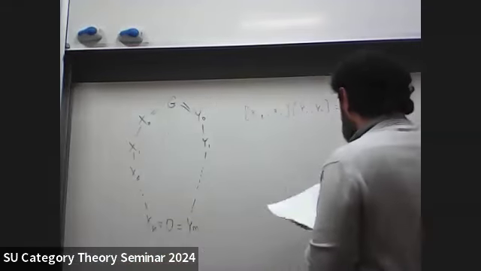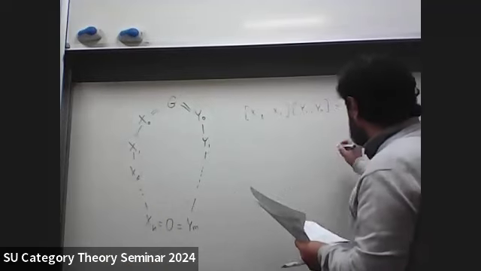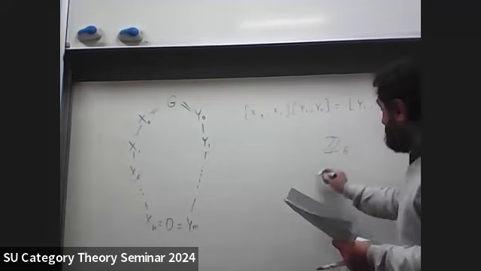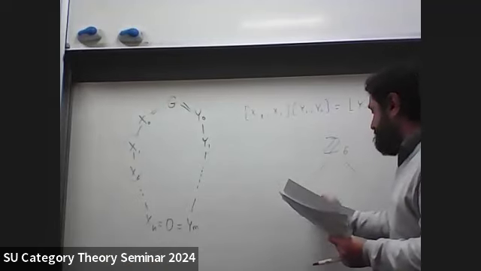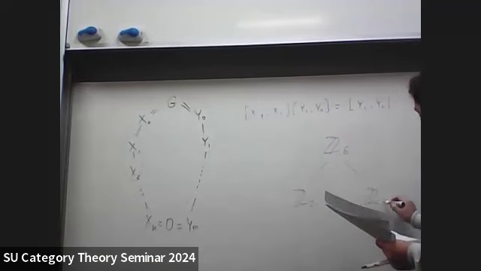So if I take Z6, its subgroup lattice looks like this. It is isomorphic to the lattice of divisors of 6.